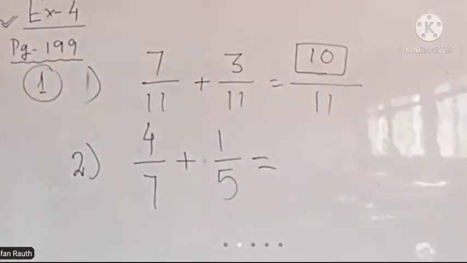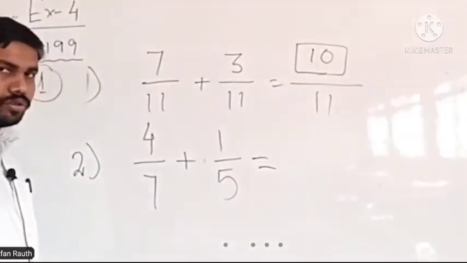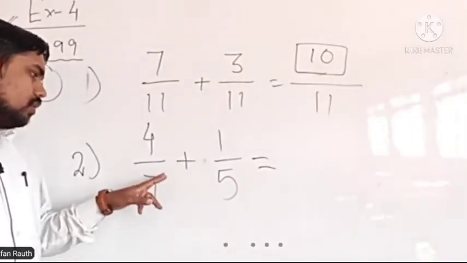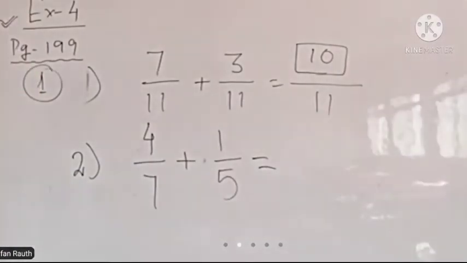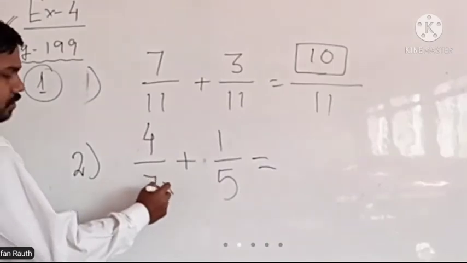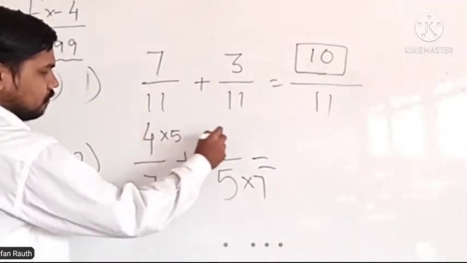Very easily, in this particular case, you first need to make both the denominators equal. To make both the denominators equal, one process is to take the LCM of these two numbers. Both denominators will be equal if you multiply here with 5 and here with 7. So here also 5, here also 7.